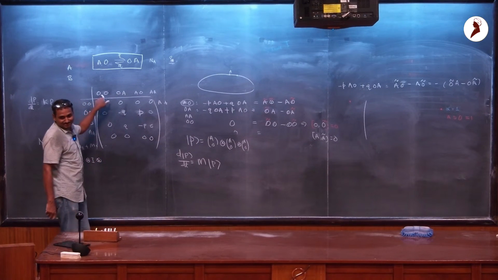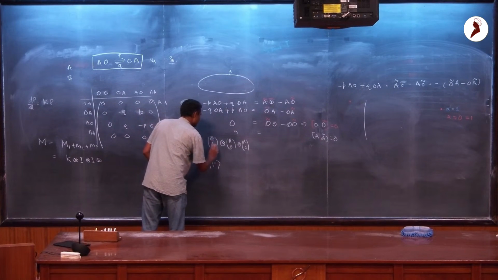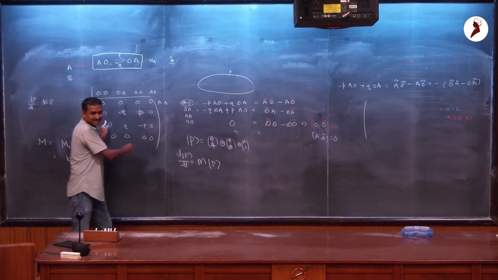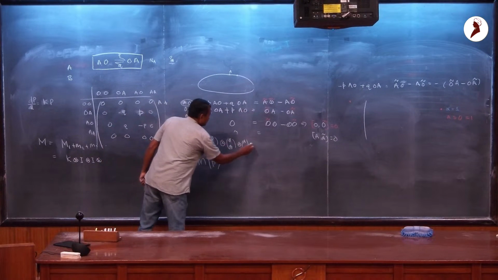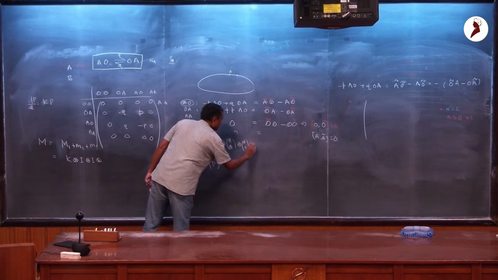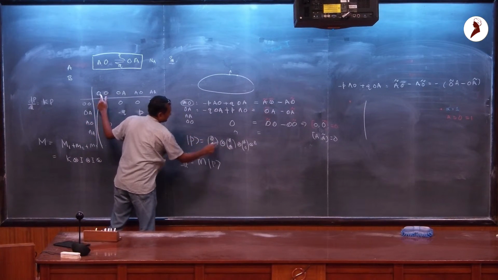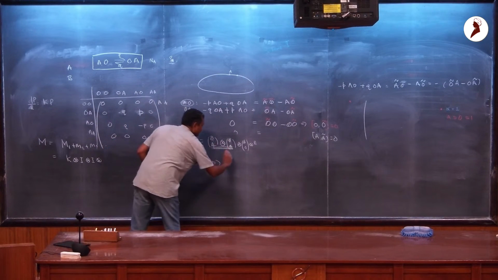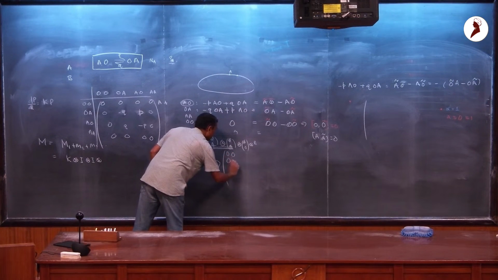This is not the basis in which I wrote the matrix, so I write the other way: 00, 0A, A0, AA. So these two together will be 00, 0A, A0, and AA.